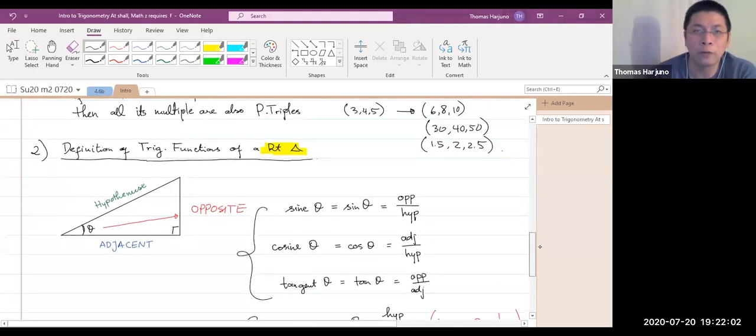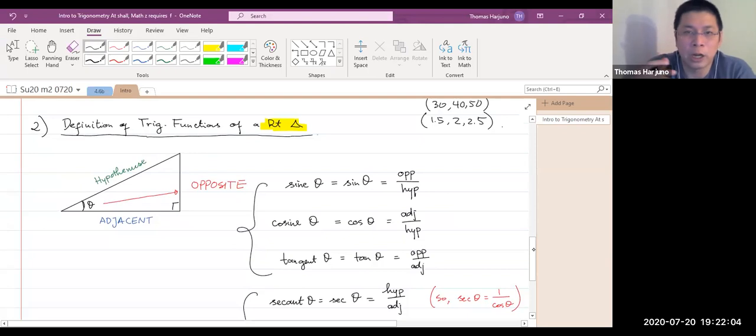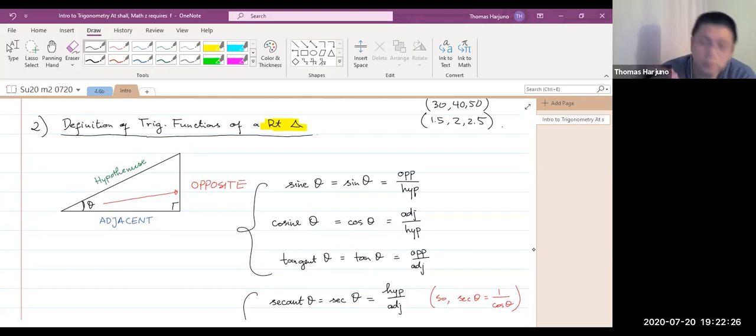Even though you have learned this before, I don't expect that you memorize all of them. So today we are still basically going through the phase of recalling, refreshing our mind about these trig functions and the definitions. Now tomorrow, I assume you study from what we have today. Now, let's apply that.